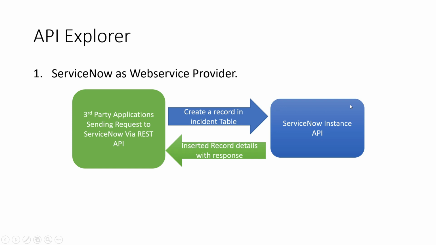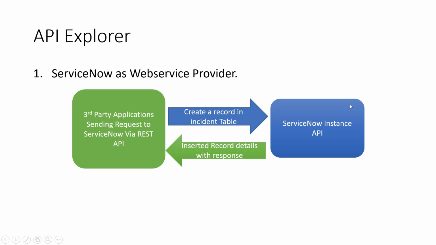So when it sends a request to our ServiceNow side, every request, whatever it may be, will create a record in the incident table. If any request comes from the third-party applications, it will be created as an incident record in the incident table.